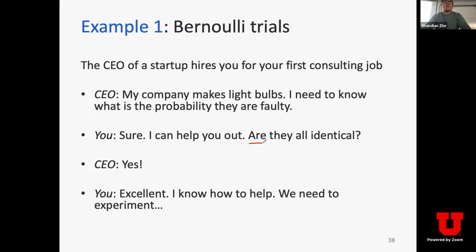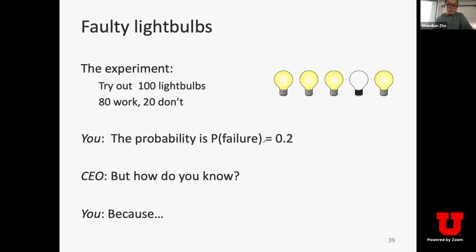We need to do some experiment. Then you ask the manager to randomly pick 100 light bulbs and test them. And given some electricity, you find out, okay, 80 bulbs work and 20 fail. Then you just tell the CEO that the probability a light bulb you produced fails is 0.2.